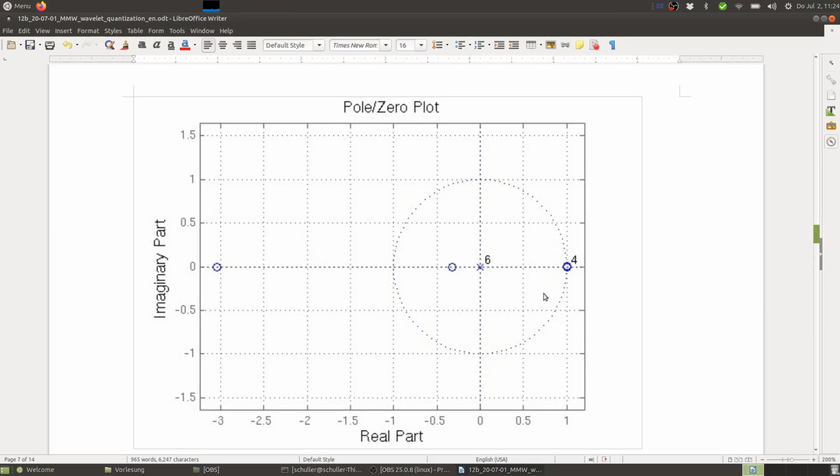And you can see, since we have 7 coefficients, the first starts at 0, so we have a polynomial of order 6. And we see we have 6 zeros. We have 4 zeros here at real 1, and then we have 2 additional zeros here.